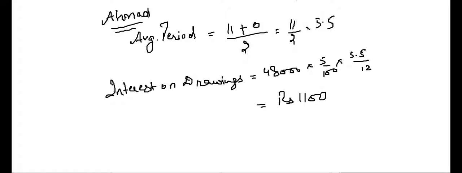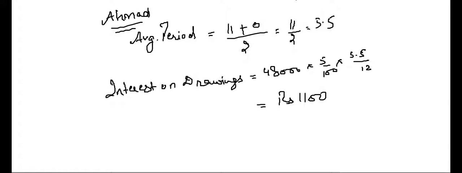So these were the two omissions: interest on capital and interest on drawings. Interest on capital, always remember, is to be calculated on opening capital. If we are given the closing capitals, first calculate the opening capitals. Interest on drawings, the amount withdrawn is equal at equal intervals, so we can apply the average period.